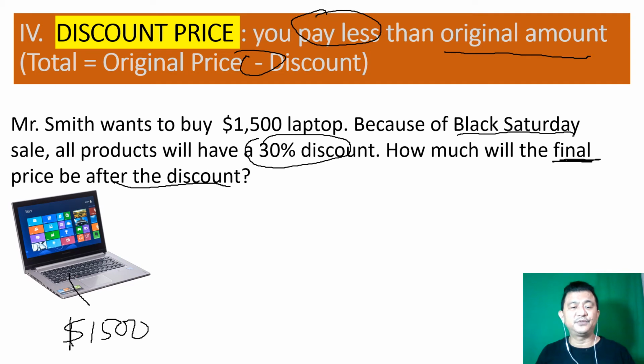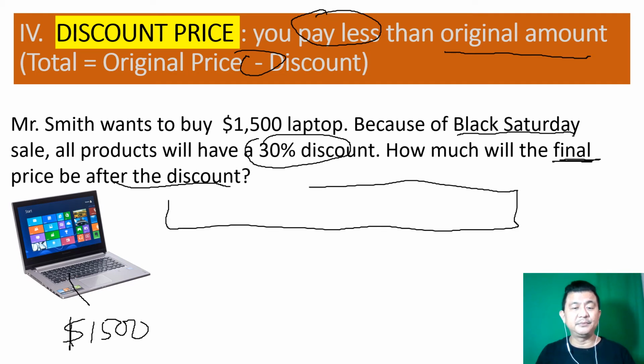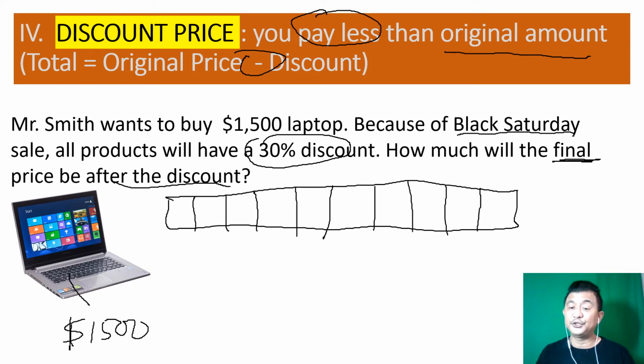Okay, let's solve first for the 30% discount. Let's use another method. Remember this? The diagram: 1, 2, 3, 4, 5. And each part is what? 10%. Since I divide 1,500 by 10, that becomes 150 each.